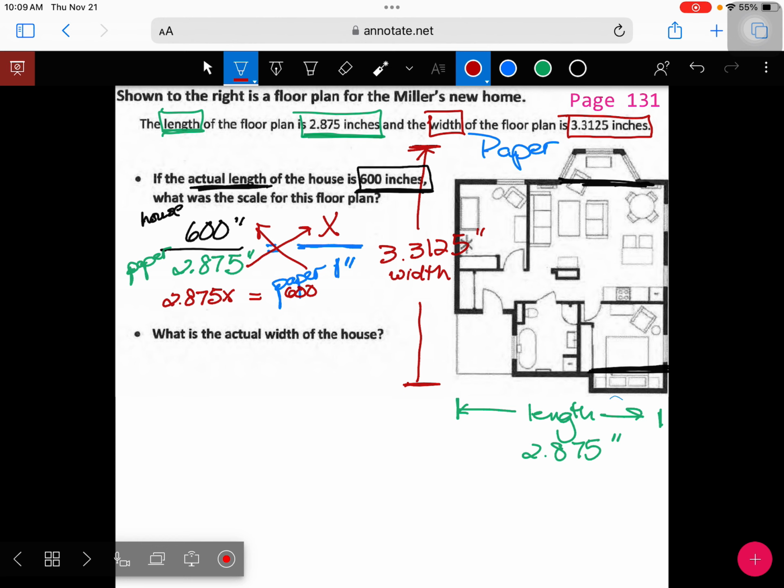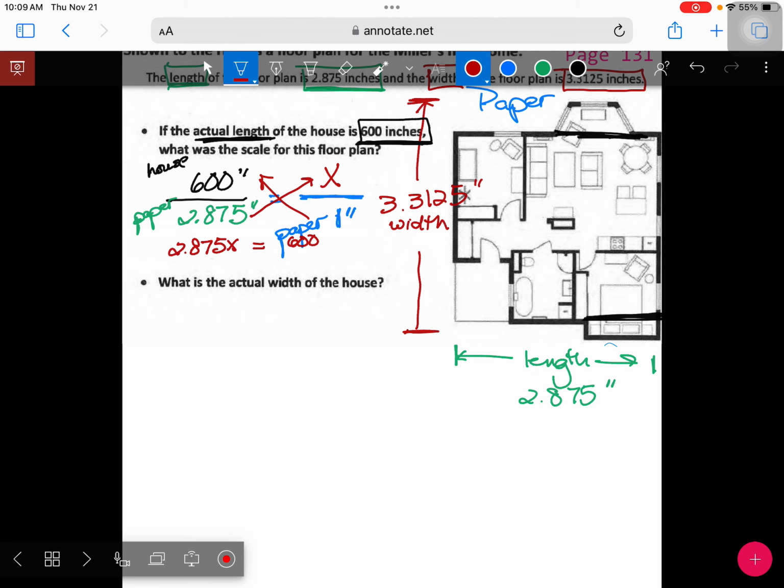And how would I solve for x here then? Divide both sides by 2.875, remember we're solving for x. Those simplify out, and x is equal to what?